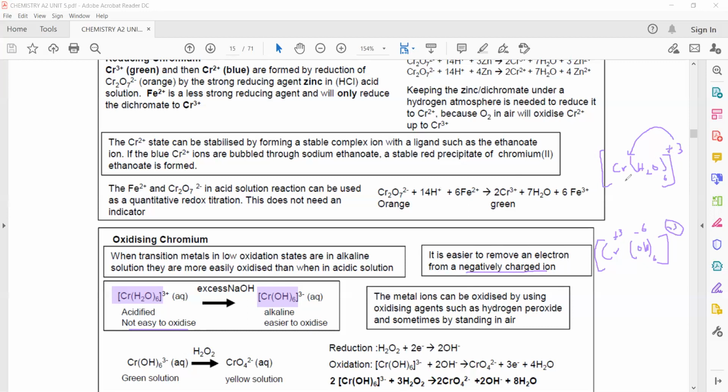Because this is already a positive complex. There is also another definition of oxidation: oxidation is loss of electrons and reduction is gain of electrons. This is a negative complex, so we can easily remove electrons out. The other is a positive complex, so it will be difficult to remove electrons. That's why oxidation in acidic medium is difficult compared to in alkaline medium. Is it clear?